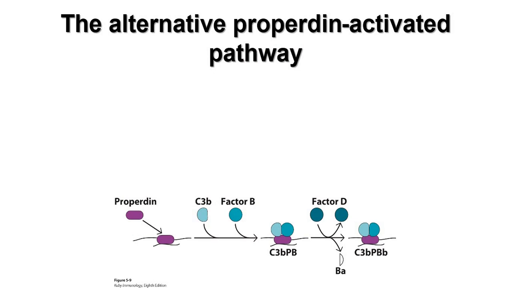Properdin will stabilize, and then C3b and factor B join together to form the properdin C3b capital B complex, and then factor D comes and will break factor B into Ba and Bb, like the previous pathway. What is interesting, students, is that under in vitro condition even properdin alone can initiate or activate the alternative pathway. So this is the latest research.